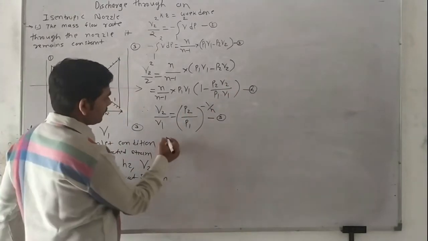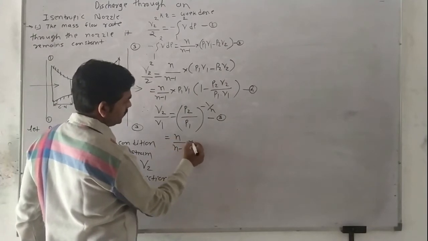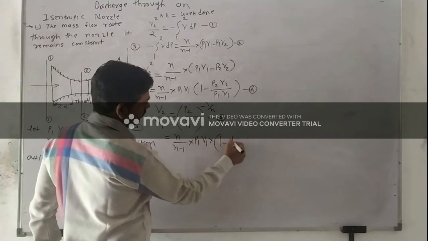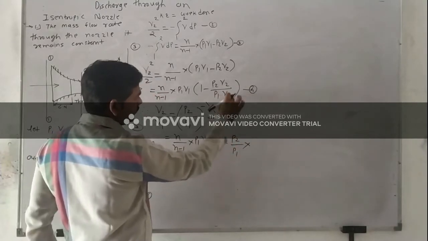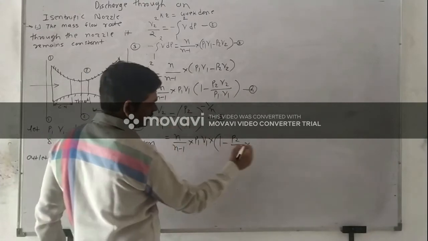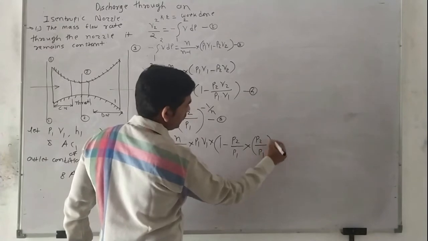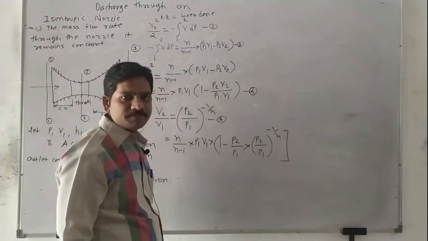So see here, n upon n minus 1 into P1 V1, 1 minus P2 upon P1 to the power minus 1 by n, bracket completes.